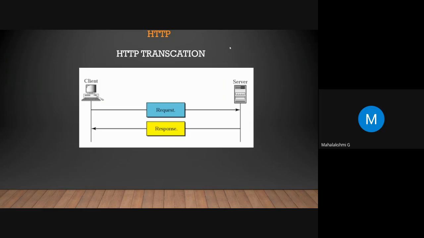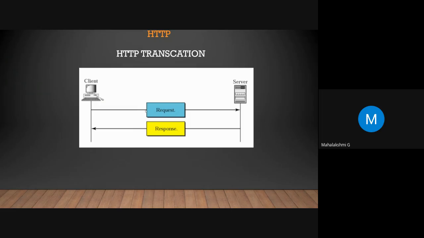So now we will see how the transaction exists in HTTP. Here it is illustrated with the help of a figure. The HTTP transaction is between the client and the server. Although HTTP uses the services of TCP, HTTP itself is a stateless protocol. As I told you, what does stateless protocol mean?